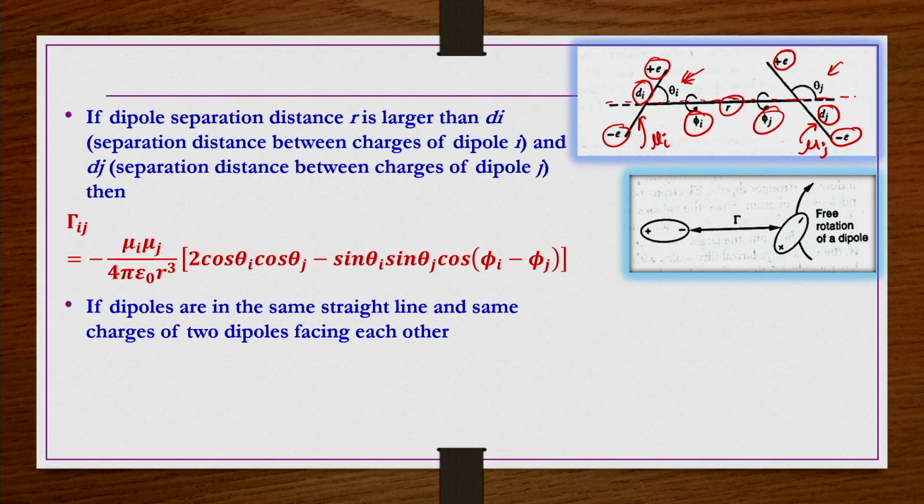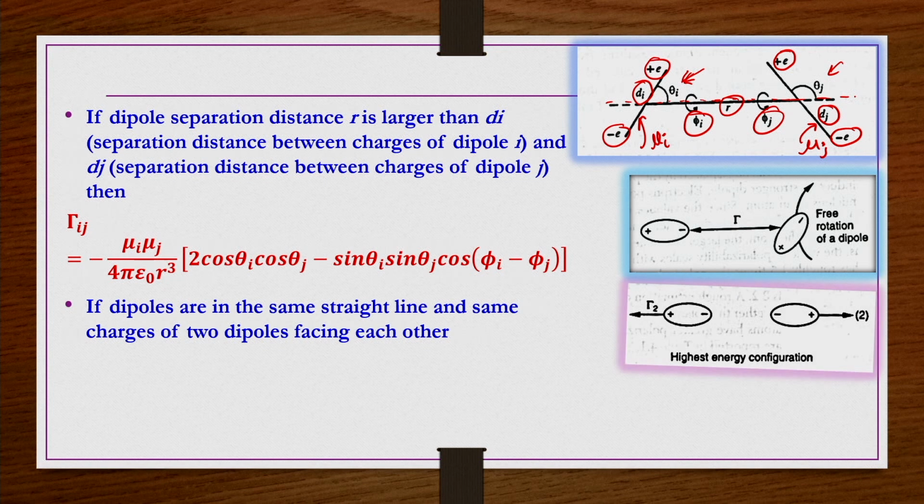If dipoles are in the same straight line and the charges of the two dipoles face each other, let us say here, different orientations are shown. Okay. They are aligned in the same straight line, but with different orientations, angles, etc. But when they are aligned in the same line and their similar charges, like negative charges, face each other, then the potential is going to be the largest one.